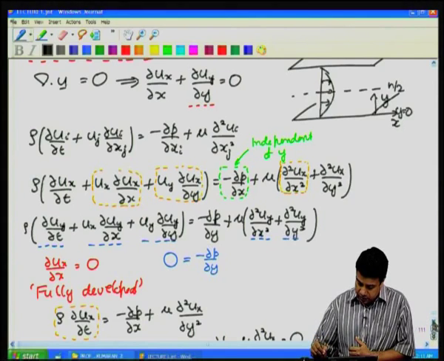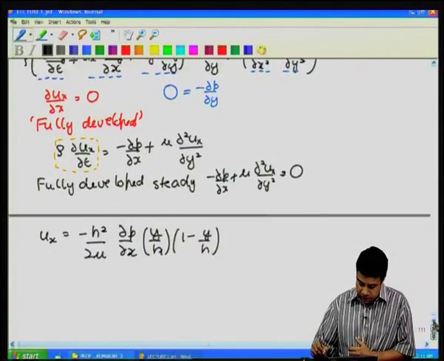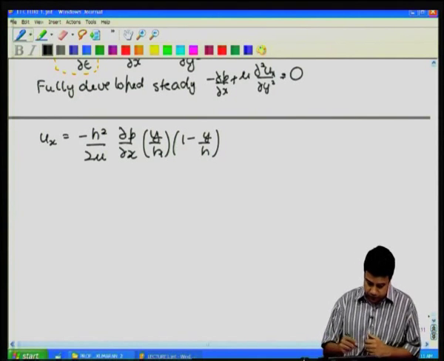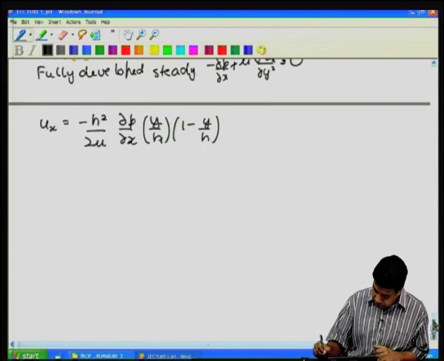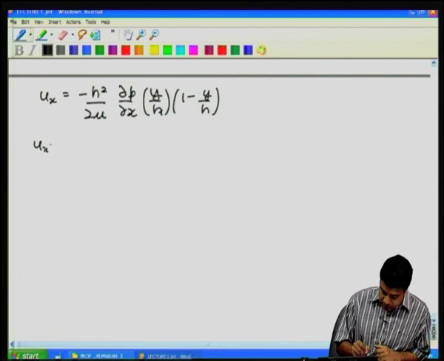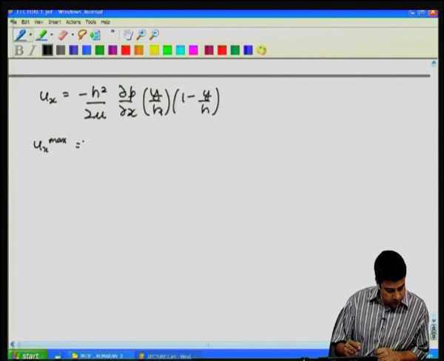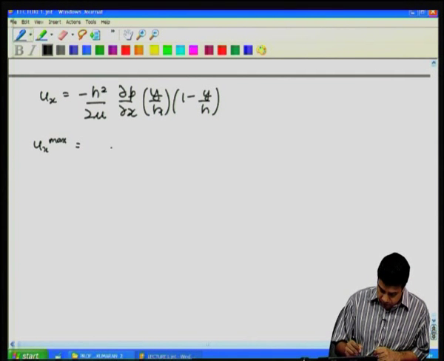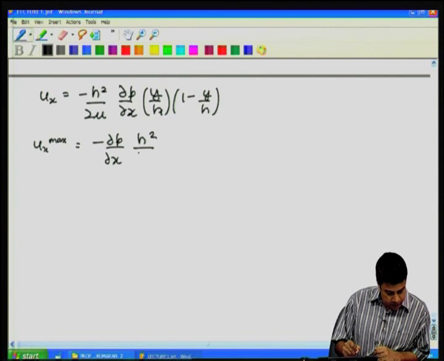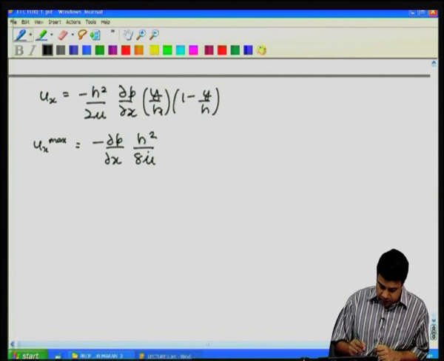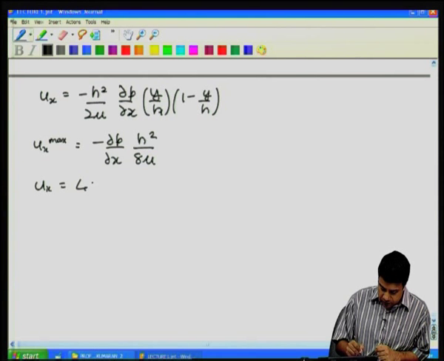And that maximum velocity is given by u x max is equal to minus partial p by partial x into h squared by 8 mu. And therefore, u x is equal to 4 u x max into y by h into 1 minus y by h.